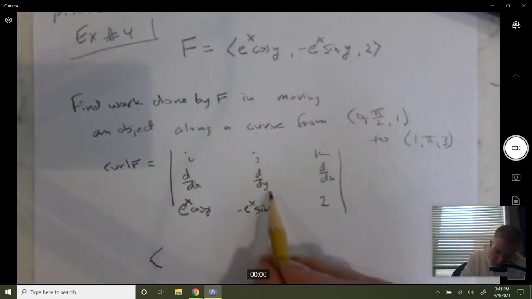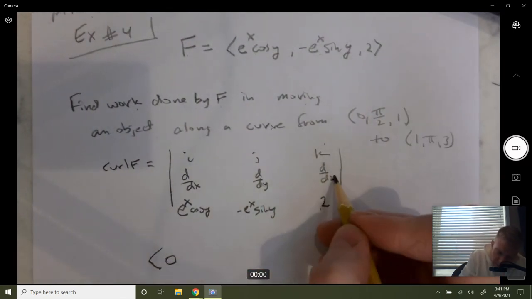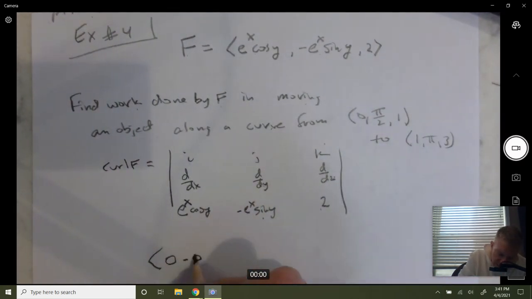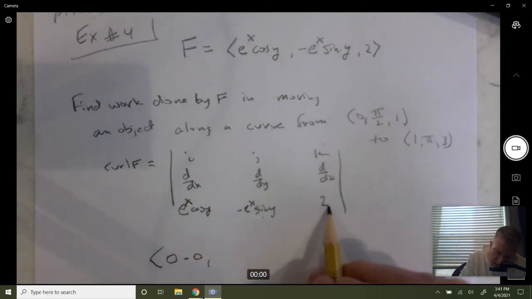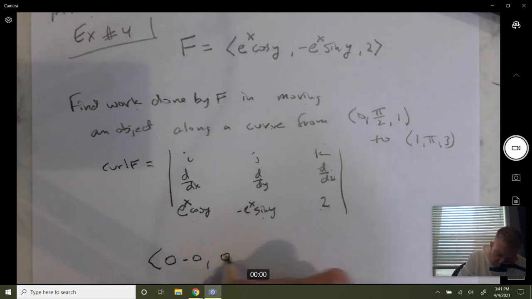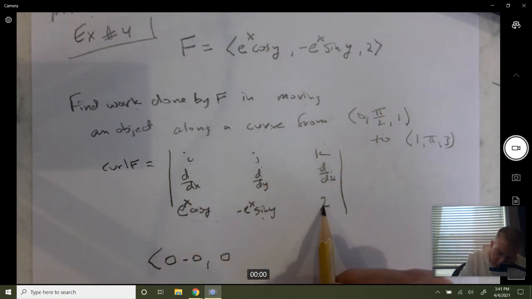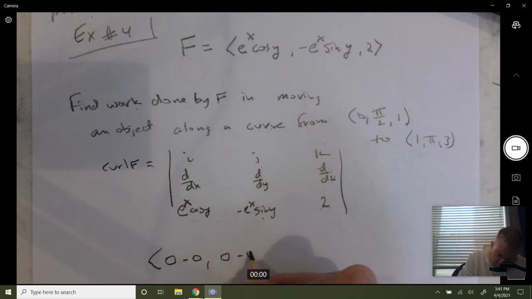I want the y derivative of that, 0, minus the z derivative of that, 0. Doesn't that work out nicely? In the j direction, I've got the z derivative of that is 0, minus the x derivative of that is 0.